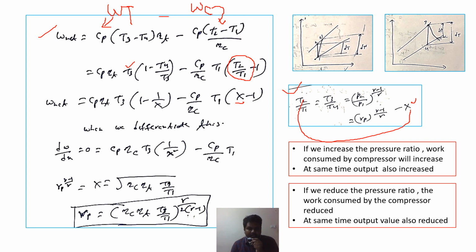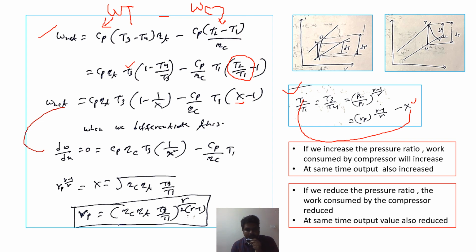But here we are going to find the maximum pressure ratio. To find the maximum pressure ratio, we always do differentiation. So when we do differentiation, this we can write it as dw by dx equals to 0, equals to Cp into efficiency of the turbine T3 into 1 by x square minus Cp by efficiency of the compressor into T1.